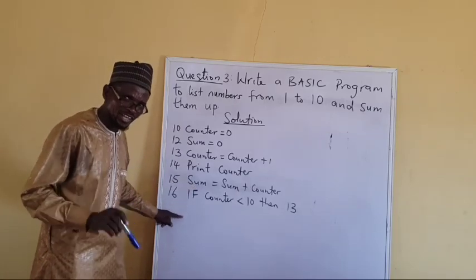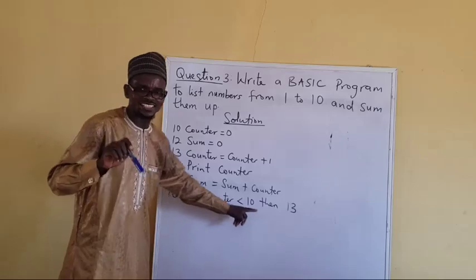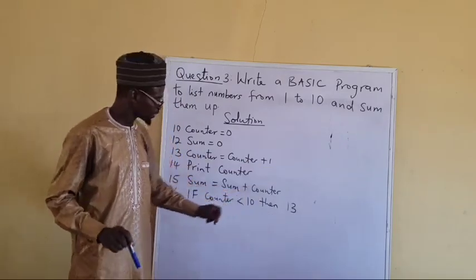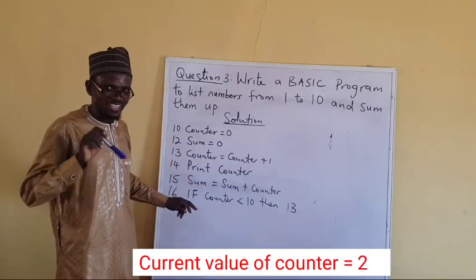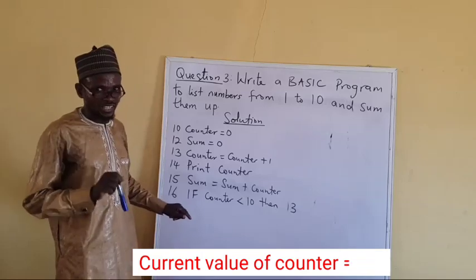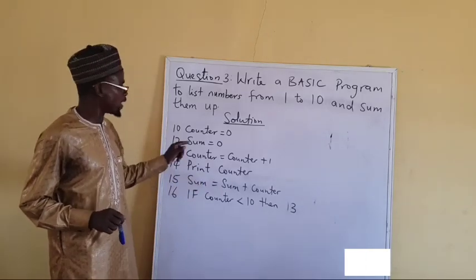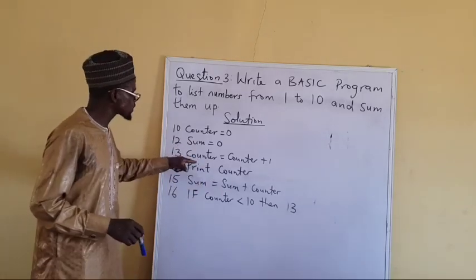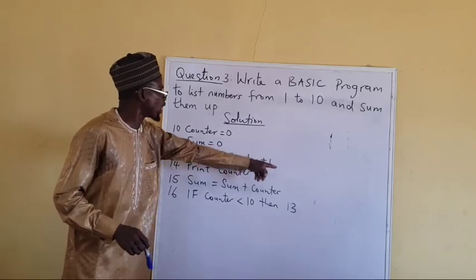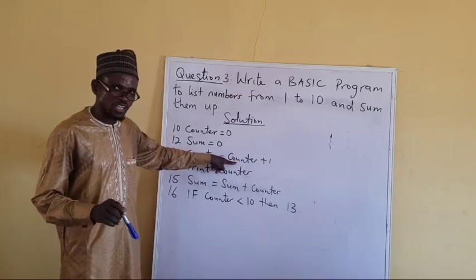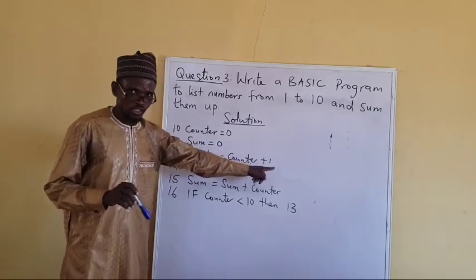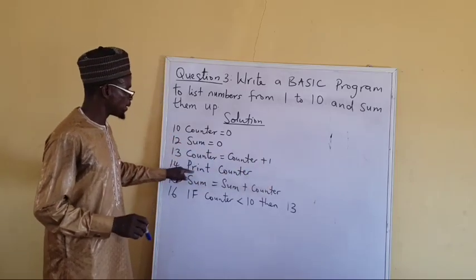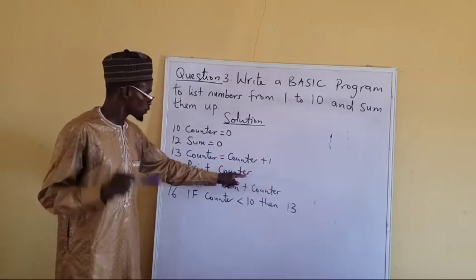The next line says, if counter is less than 10, then 13. Our current value of counter is 2, so it is less than 10. The program flow will go back to line 13. Counter is equal to counter plus 1. The current value of counter is 2. 2 plus 1, 3. 3 will be stored in counter. Print counter, it will print 3.